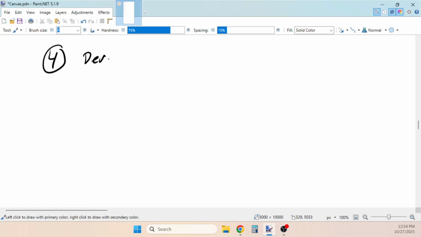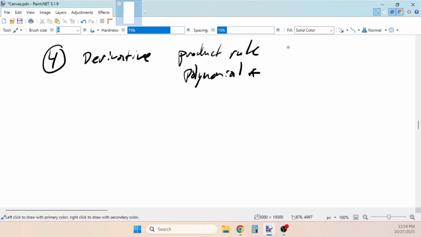This is a derivative, product rule. We have a polynomial times some other element, maybe a trig function, maybe an exponential, logarithm, root, something. I'm going to ask you to take the derivative of it, not the answer.